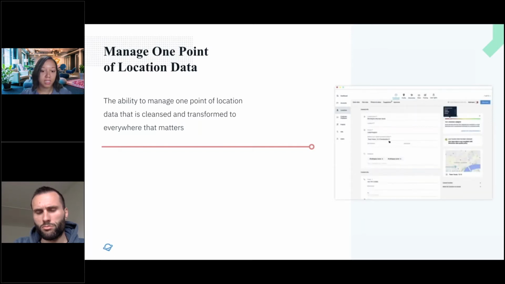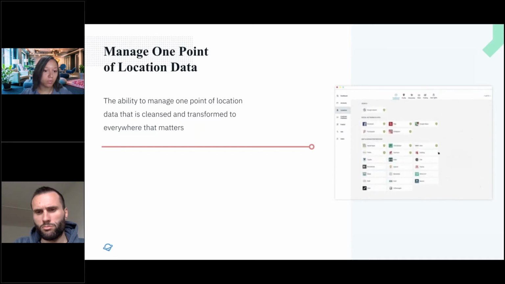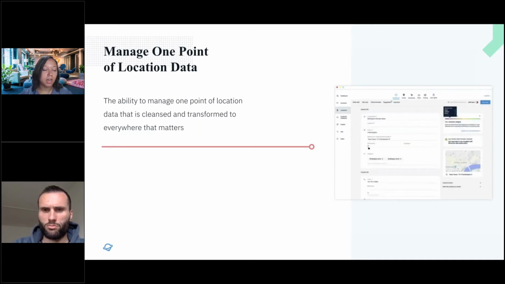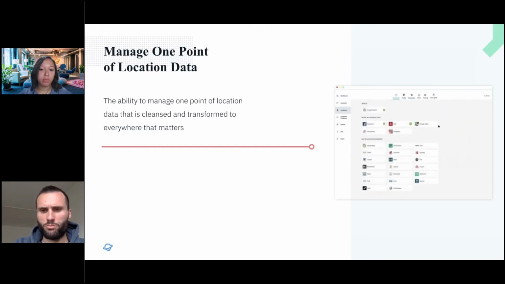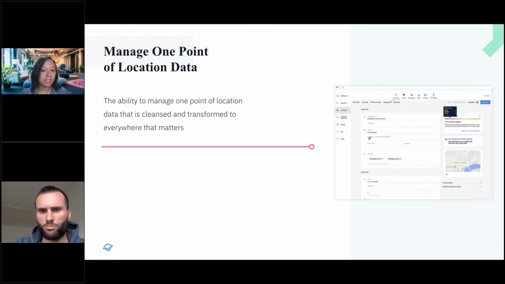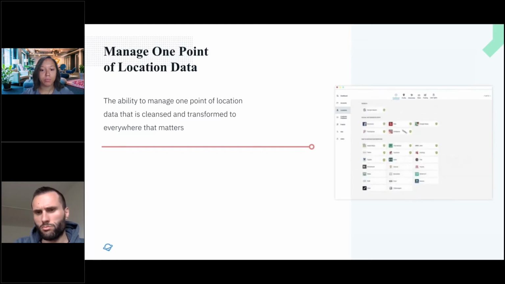So one of the things I think makes our platform, or a platform like Uberall, so powerful is that publishing your data on dozens of websites across the web has a lot of different requirements. And we've been able to take the heavy lifting out of this for our partners and agencies by bringing automation to this.